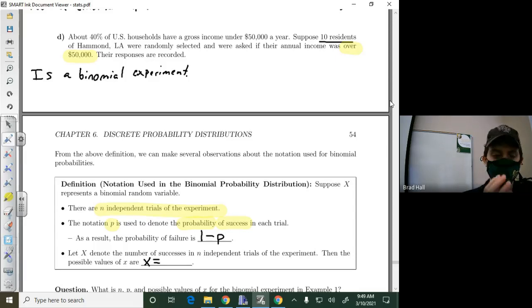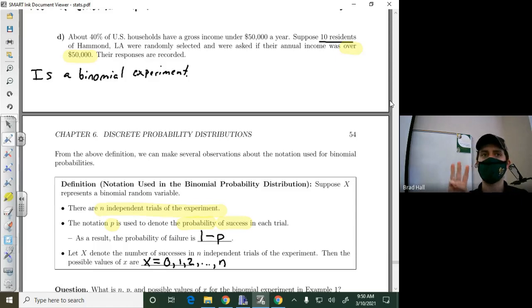It could be 0, it could be 1, it could be 2, all the way up to the number of trials, n. Every trial could be successful, which would be the lowercase n, or maybe 3 of the trials would be successful, which x would be 3.